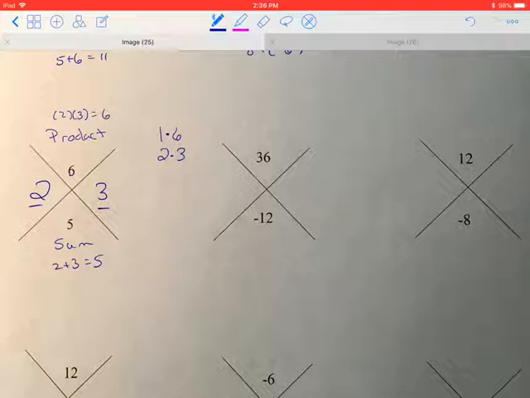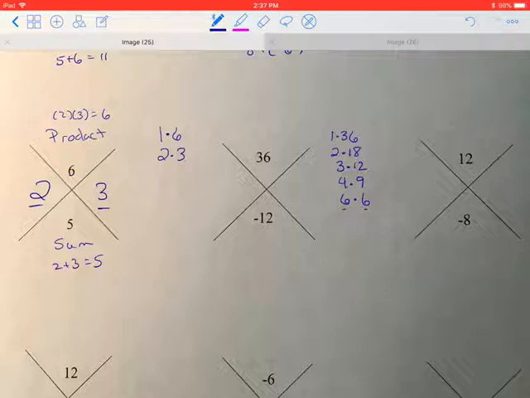So let's try 36. 36 is a little bit harder. I want numbers that multiply to make 36. I have 1 times 36, 2 times 18, 3 times 12, 4 times 9. Now 5 doesn't work because 5 doesn't go evenly into 36, but I could go 6 times 6. Once your numbers meet, then you know you're done.